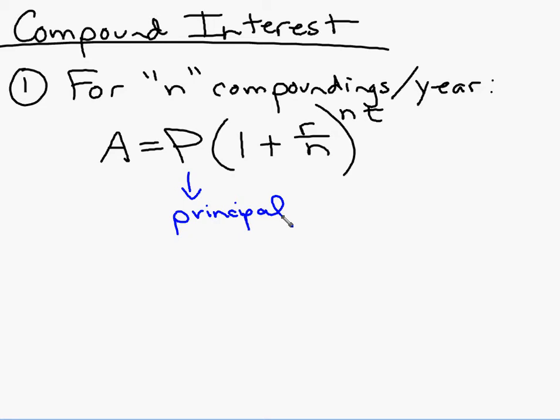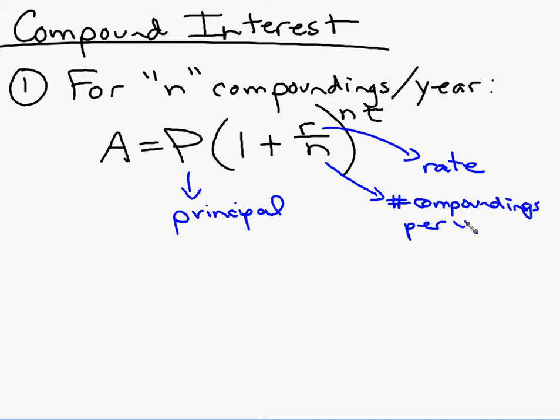R is the rate, the interest rate. N is the number of compoundings per year. And of course, it makes sense then that T is the time. Okay, and we're going to do an example with this.